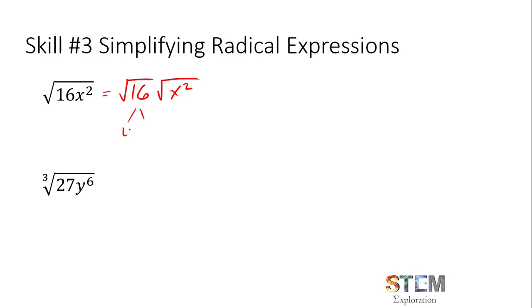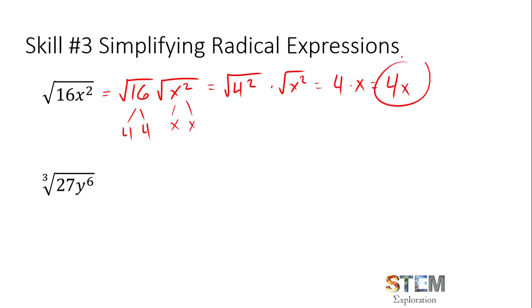If you notice that 16 has 2 4's and x squared has 2 x's, another way it could be written is 4 squared times x squared, and this will give you 4 times x. Your solution for this would be 4x. That would be a simple way that you can simplify this radical expression.